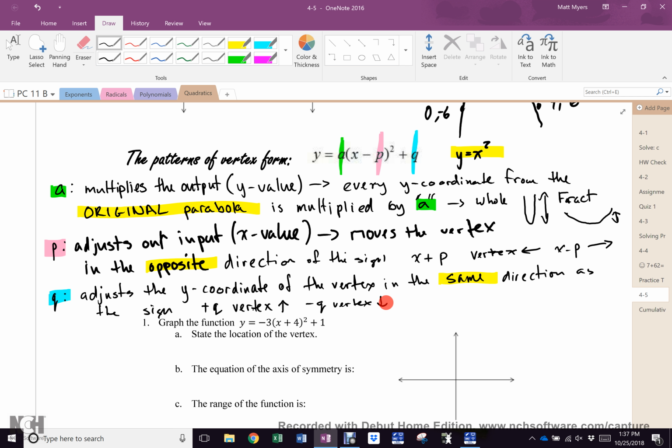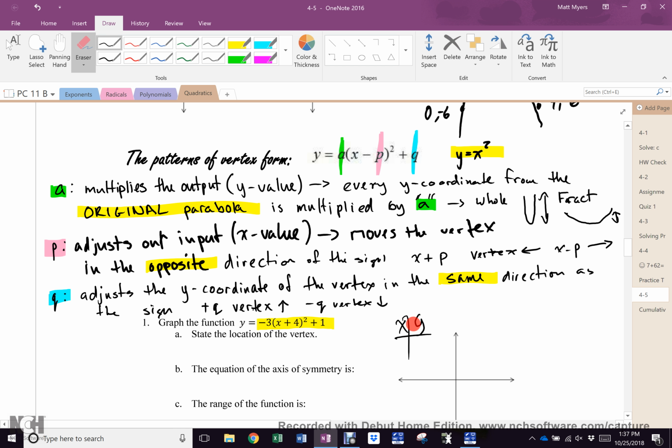Now, let me ask you this. When I give you this equation, could we graph that using a table of values? Could I go x, y, put x in, do all the math, and get a y value? Yes. How long would it take? A long time. How long will it take to do it with the vertex rules we just learned?